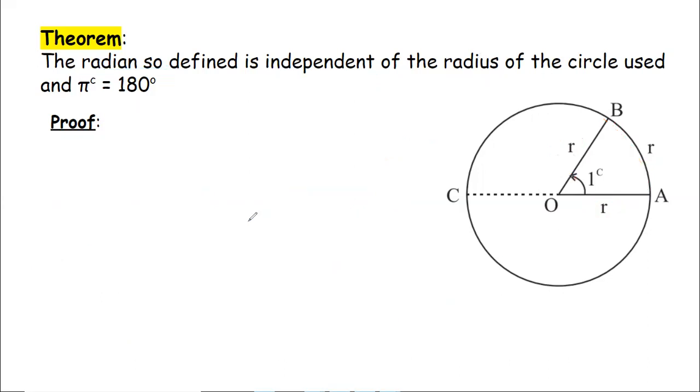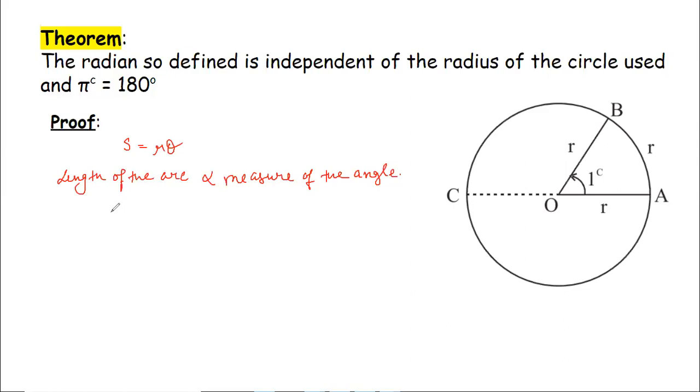In the proof part, if you remember, the length of the arc is given by S is equal to R theta. This is the formula we will be using. The length of the arc is directly proportional to the measure of the angle. The bigger the length of the arc, the bigger the angle subtended at the center.